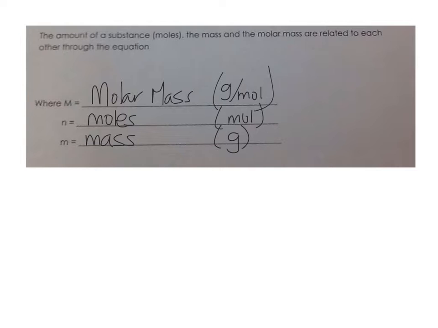So the formula is the number of moles is equal to the mass divided by the molar mass. If you need a magic triangle, small m over big M.